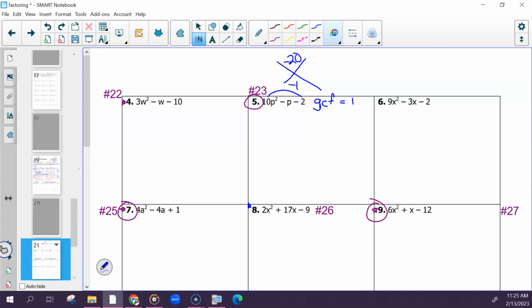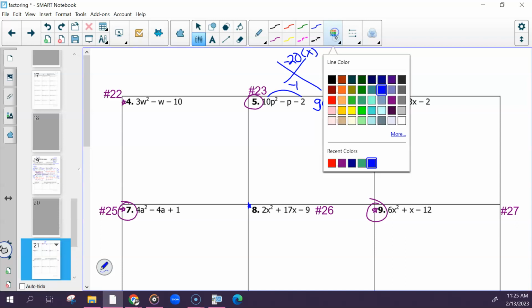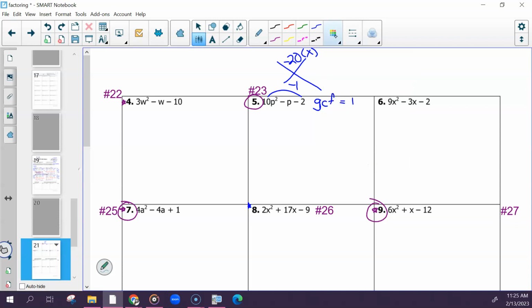So we're looking for 2 numbers that multiply to be negative 20 but add to be negative 1. Remember that if you're adding to get 1, the 2 factors are going to be really close, like 1 apart. Say that one more time. 4 minus 5.